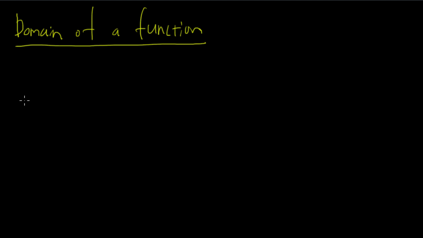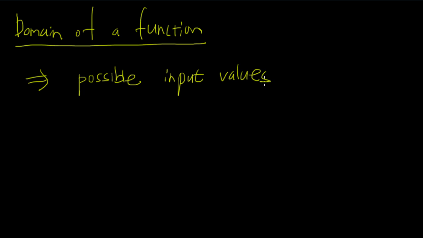But what I'd like to also point out is that domain of a function is the same thing as possible input value. Possible input value is what they call domain of a function.